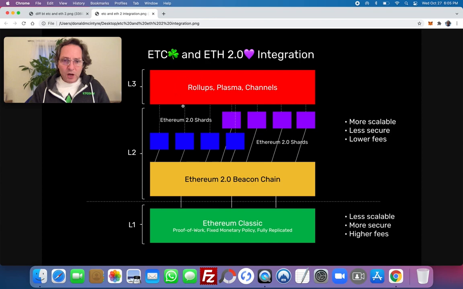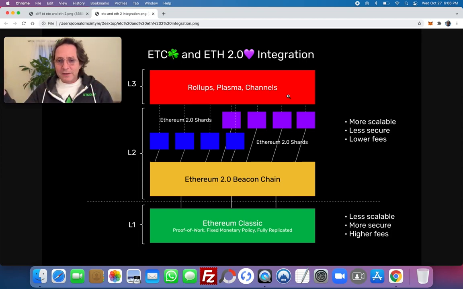And then on top, there's a layer 3 that many Ethereum people are building, which are the rollups. And then Plasma was an older idea, which is similar to Lightning Network, but including programmability and execution of smart contracts. And then channels. I think that just basic channels are also going to work on Ethereum 2.0.